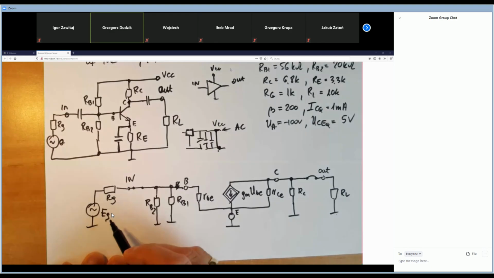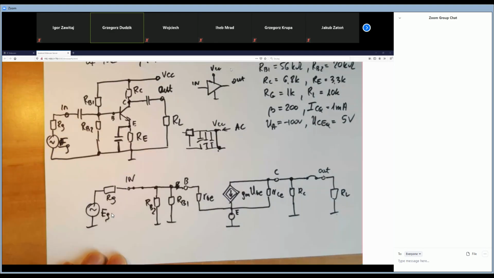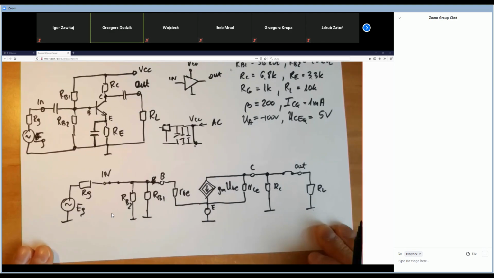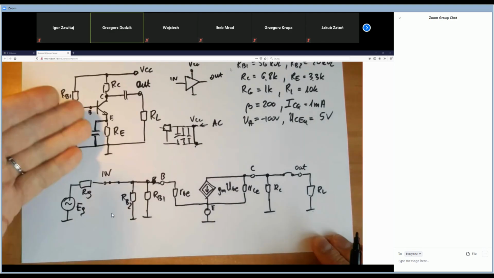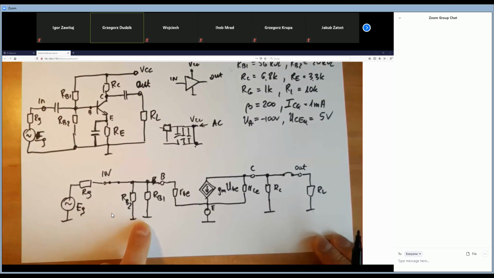Let's call it EG. All right, so as you see, that looks like our electronic circuit for AC analysis. Okay, so for this moment, everything is clear.